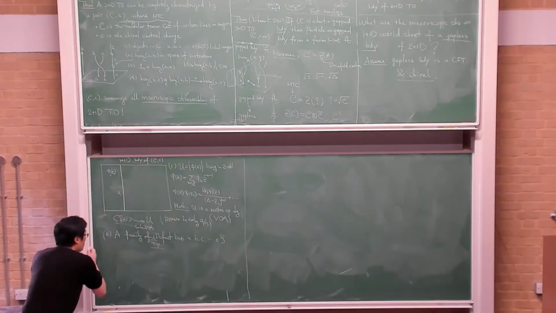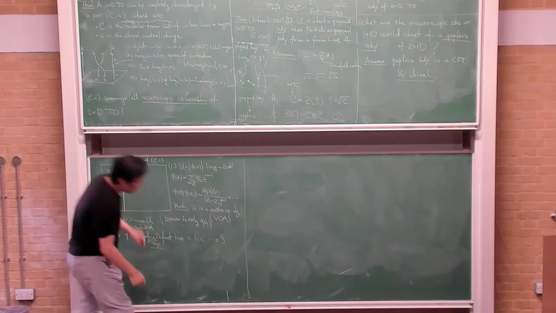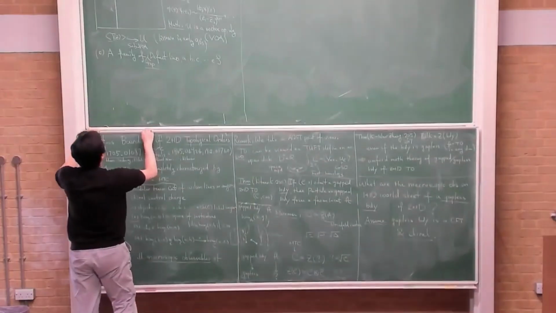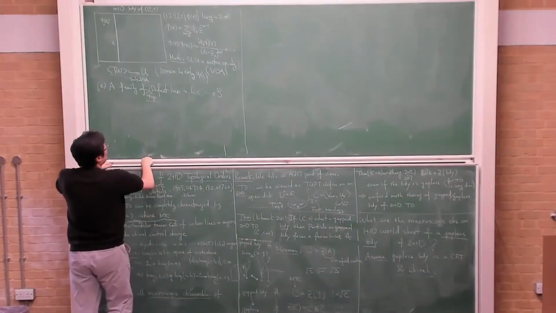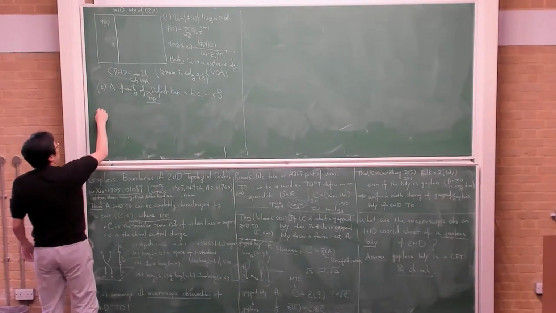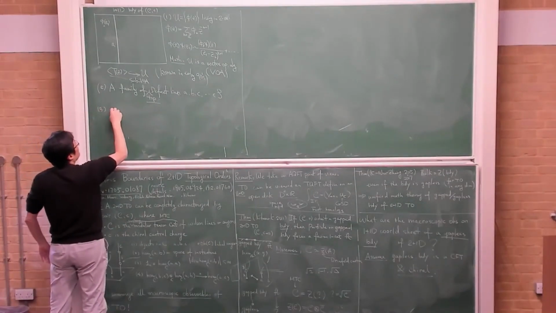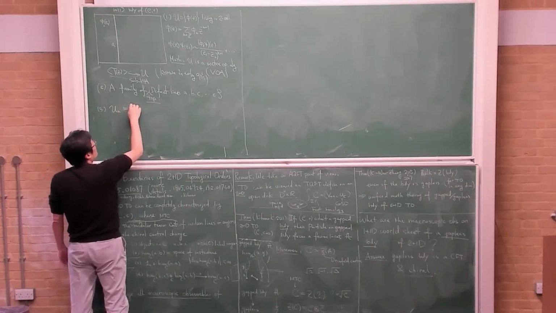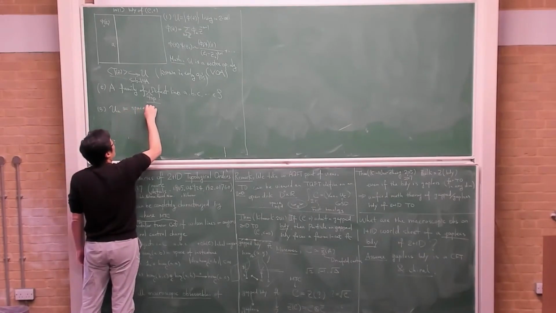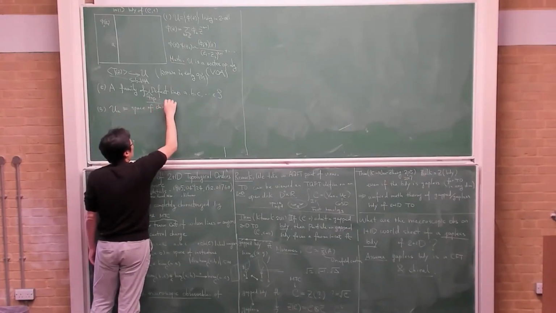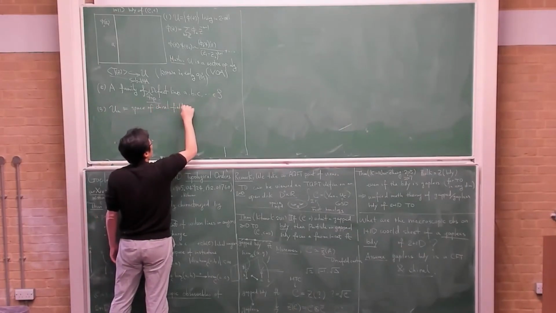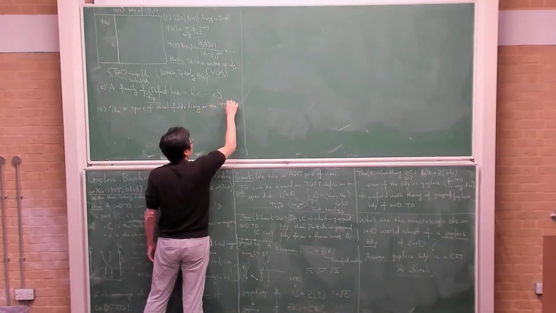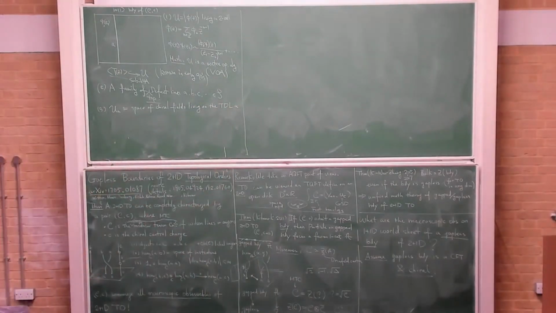And let's say U_A is the space of chiral fields living on the topological defect line A. Let's label that.